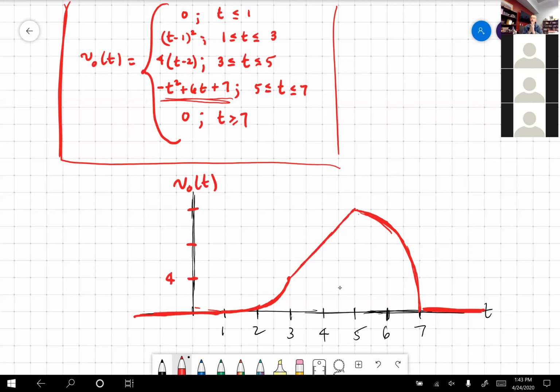Basically what you're looking for is, as I slide this function through, and that's all we did, we just slid it through that little pulse function, we're looking for what are the different regions where new things are going to happen. That's what you're looking for. So for example, if we had the following.